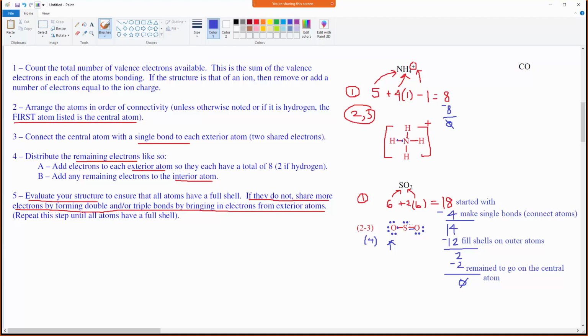This sulfur appears to have 5, right? Like he owns these 2 up top and then he can only lay claim to 3 of these ones that are being shared. And this oxygen does have 6. So you wouldn't ever come up with this structure by trying to just puzzle piece it together. But then again, you couldn't come up with any structure by doing that. Does that make sense? You with me?